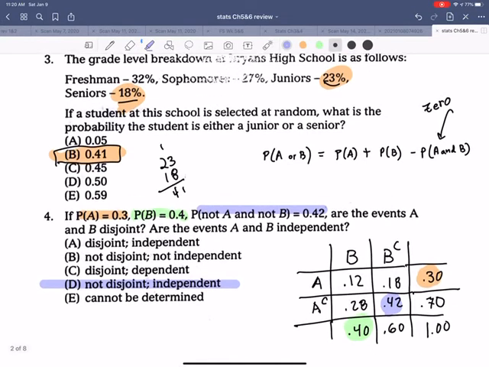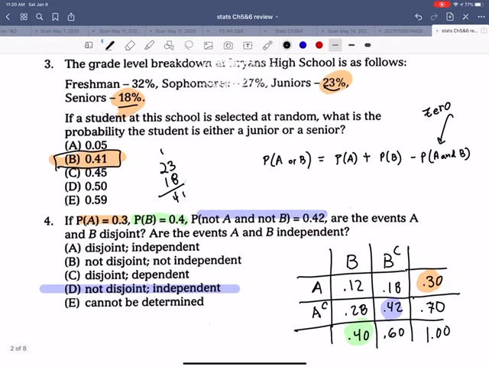So let's make sure we write out what each of these definitions mean. Since not P and not A is 0.42, then notice we find out that the probability of A or B would be equal to 0.58. So what do I mean by that? Meaning A or B would be the summation of these.